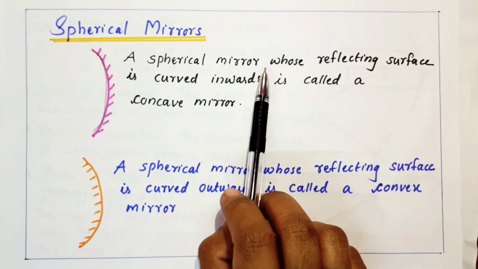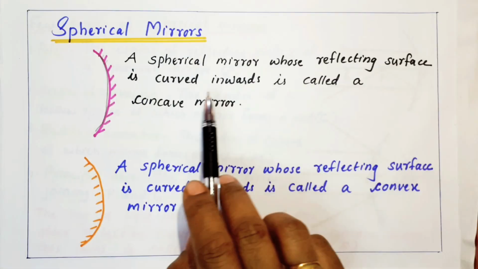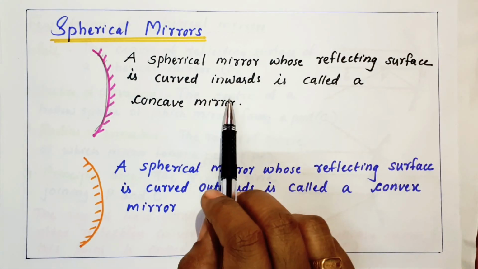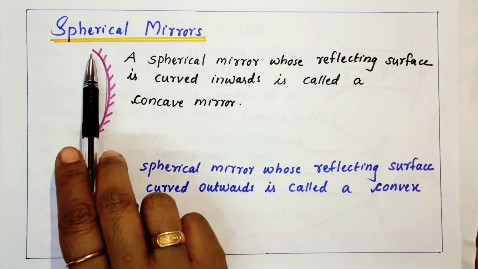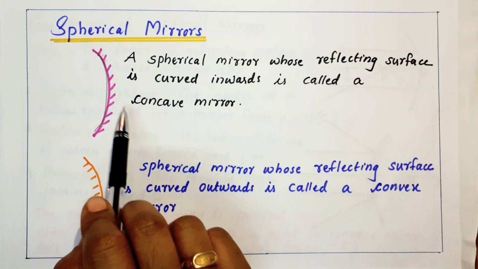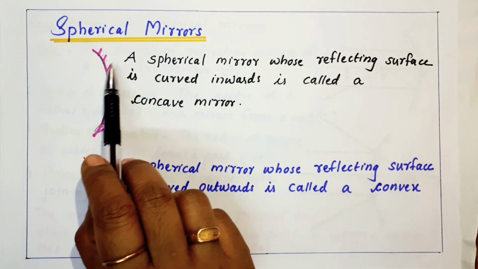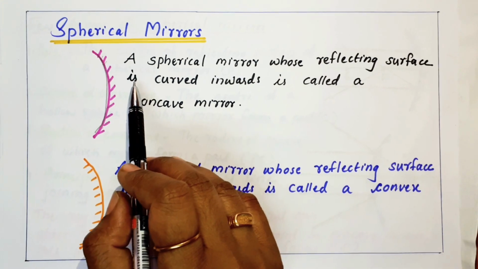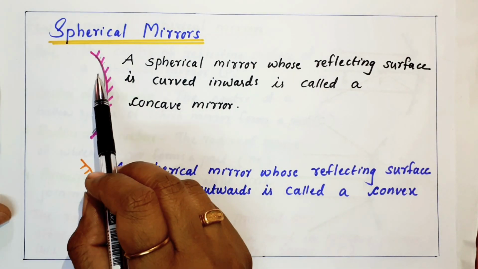the spherical mirror whose reflecting surface is curved inwards is called a concave mirror. See this part, this shaded region, that is the surface through which the light cannot go. So it means that the light is getting reflected.